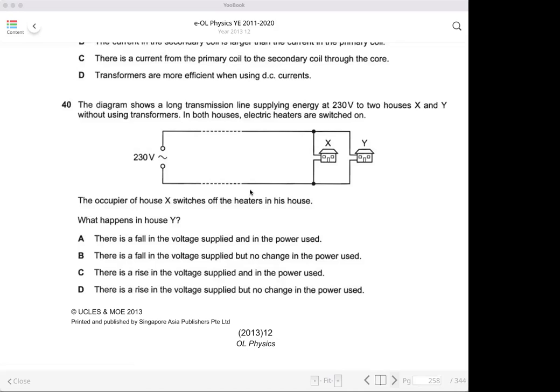Ryan, you may go. Okay, so basically in a long transmission line, you can assume that there is a resistor. There's a resistance in the wire. Is that clear? So before, there are two resistances. There's a voltage here, there's two resistances. After that, if one is closed, what happened to this voltage here?